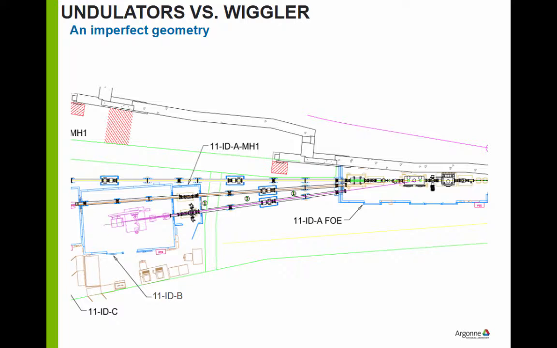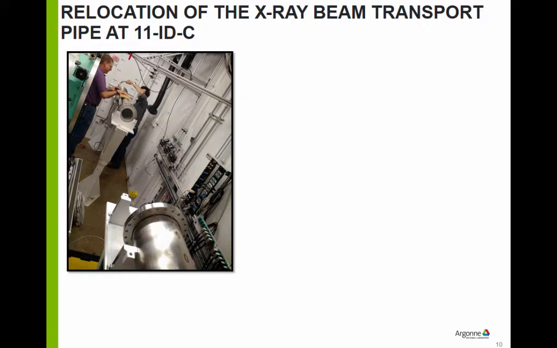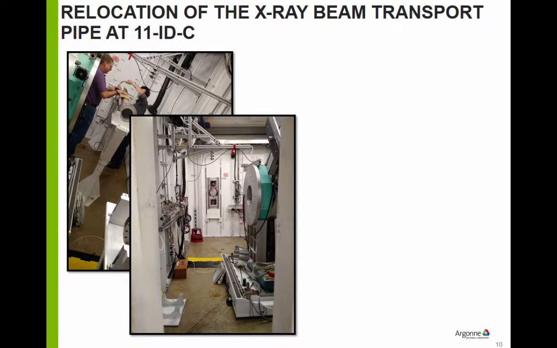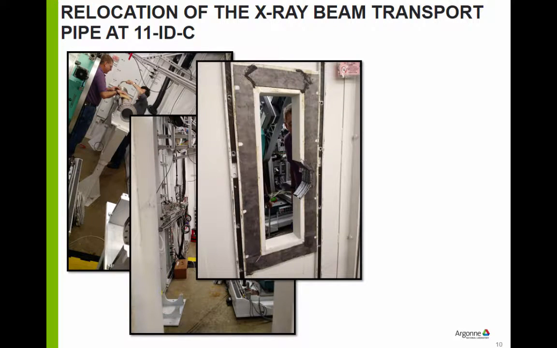C station was less fortunate, and we decided we had to physically move the pipes from roughly the midpoint between A station and the B station all the way to the entry to the C station. And we did that within one shutdown. We had to disassemble the pipes. We had to be creative with our guillotines. We had to cut some walls.